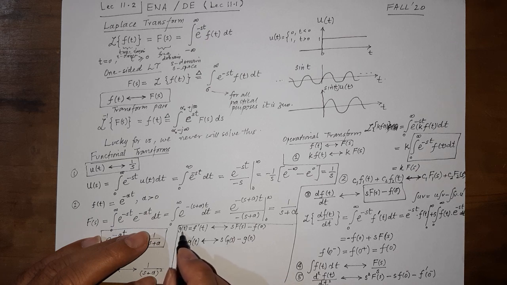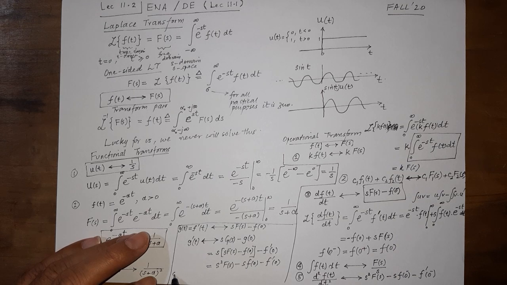G of s is this whole thing. So what do we get here? s times F of s minus f of 0, minus, what is g of 0? It is the derivative of f at 0. And what do we get here? s square F of s minus s f of 0 minus f dash of 0.